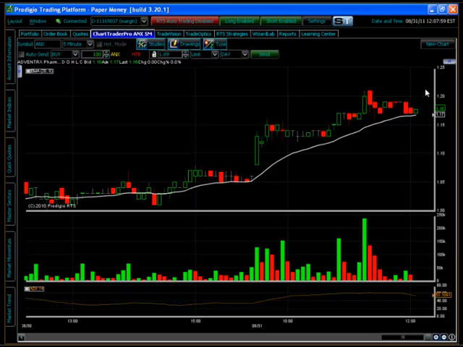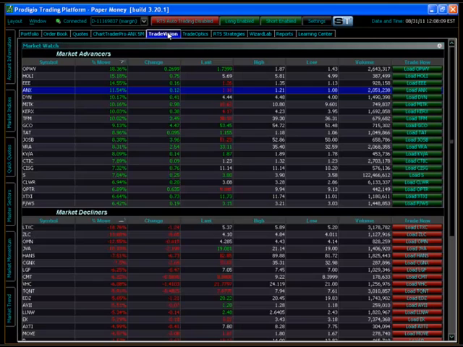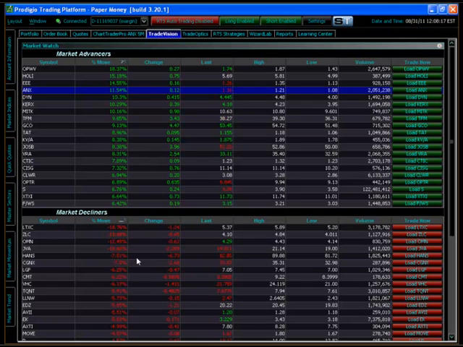And with the first view of Prodigio, we tried to get a good representative view that has some interesting volume characteristics and interesting price movement, so that it becomes a very good starting point to find stocks of interest. And according to the broad market direction, you might want to make plays on these stocks depending on your trading strategy. These lists are really just the top 20 movers in the advancing side and the declining side.